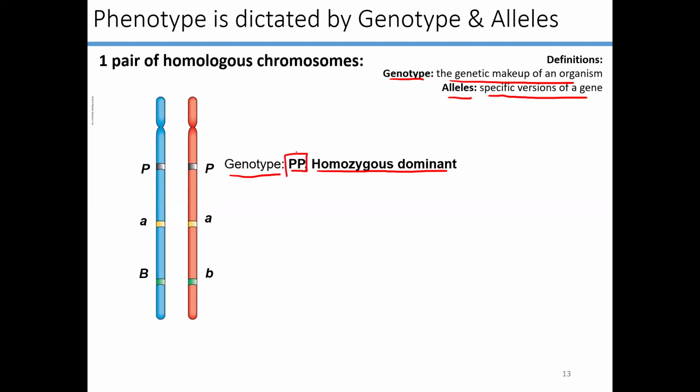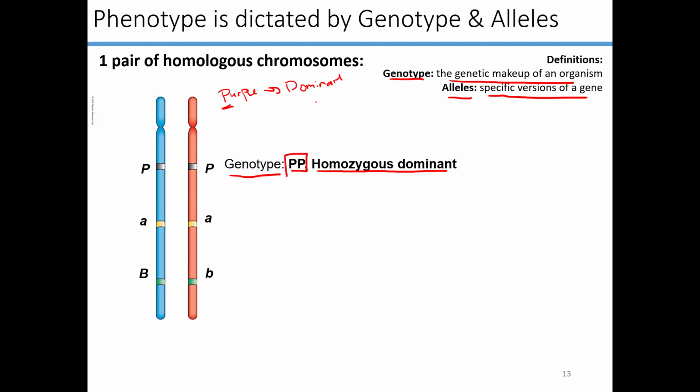Now, really quickly, when it comes to these letters, the way that we typically write these is, let's say we're looking at flower color, and purple is going to be our dominant gene. Whatever the dominant gene is, we take the first letter of that, and that's what we use to identify that gene.